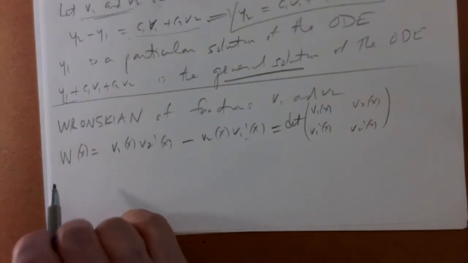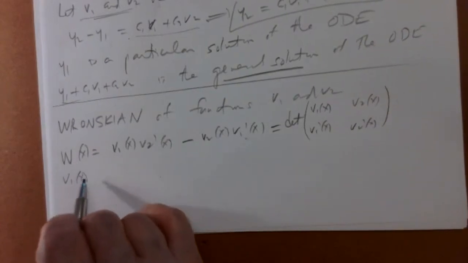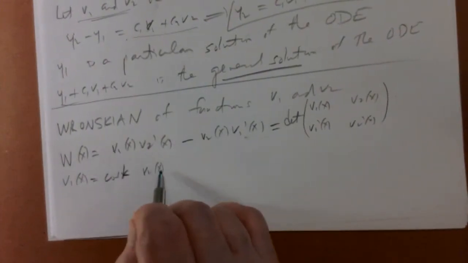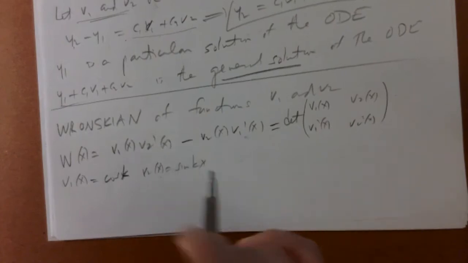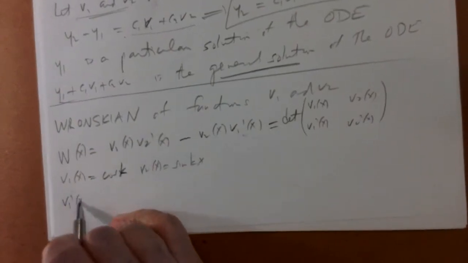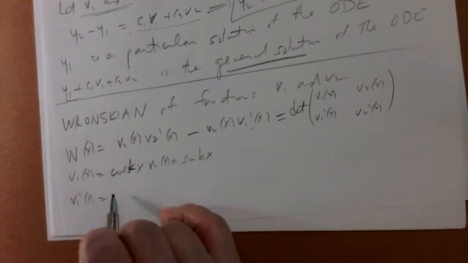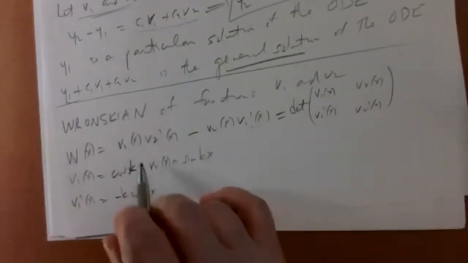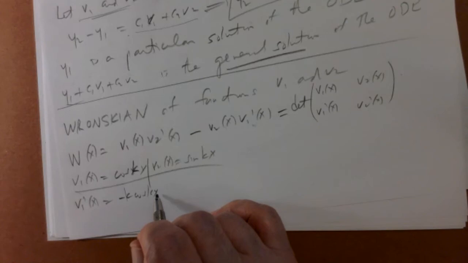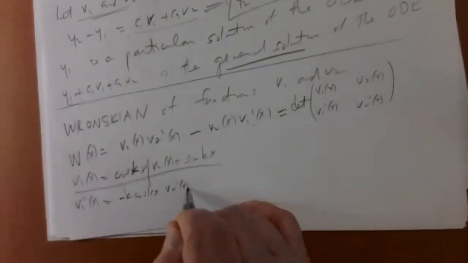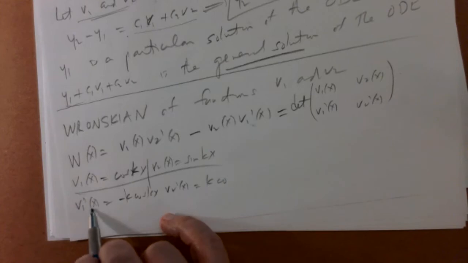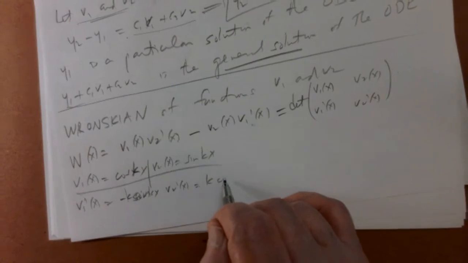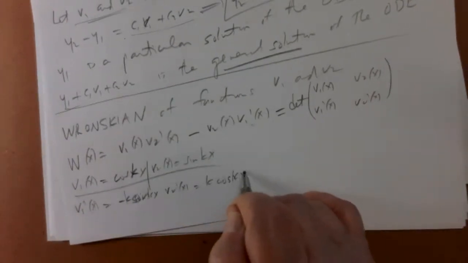So let's look at some examples. Suppose v1 of x is cosine kx, and v2 of x is sine of kx. Then v1 prime of x is minus k sine kx, and v2 prime is k times the cosine of kx.